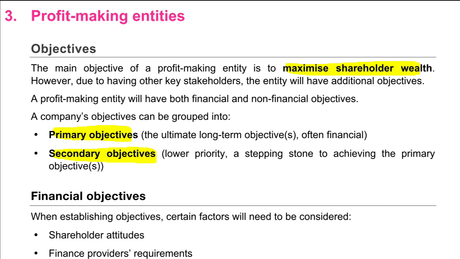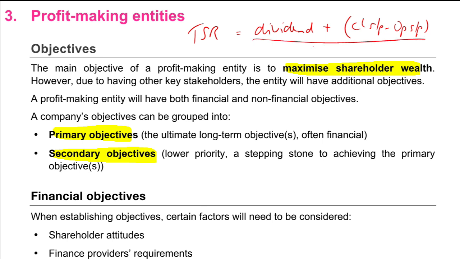So a relatively foolproof way of measuring the increase in shareholder wealth over a period is using something known as total shareholder return, which is the dividend that's been received, the cash that's been received over a period, the capital gain over a period, which is closing share price less opening share price, divided by opening share price to give us a percentage.